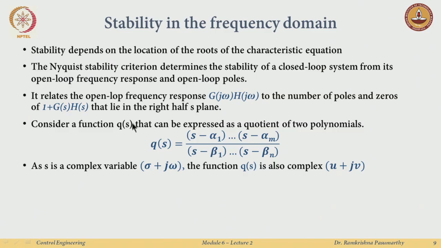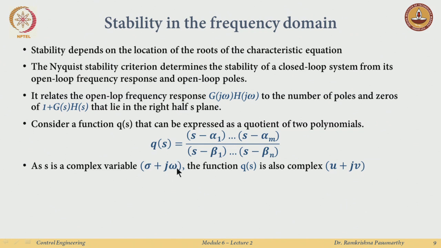So just consider a function Q of S, which in the usual terms is a transfer function which has m number of zeros and n number of poles, and usually n is greater than or equal to m. So what is S here? S is a complex variable, real part sigma, imaginary part omega.